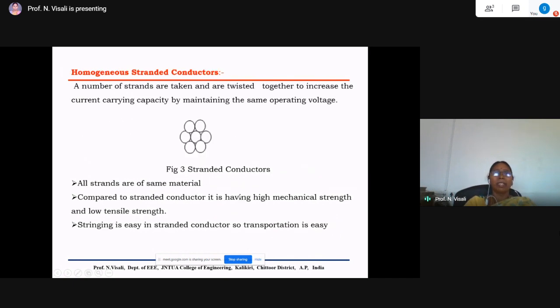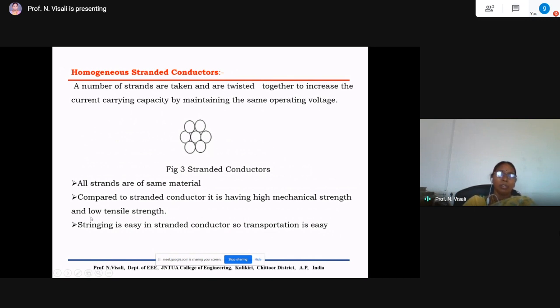The next type of conductor is the homogeneous stranded conductor. Here a number of strands are taken and twisted together to increase the current carrying capacity while maintaining the same operating voltage. That means the same material is used to form many strands, many conductors twisted together, so that the total current carrying capacity increases and the voltage is maintained constant.